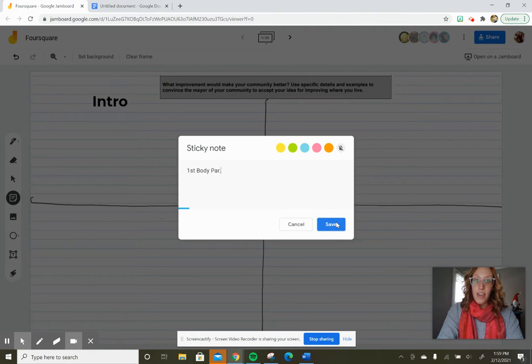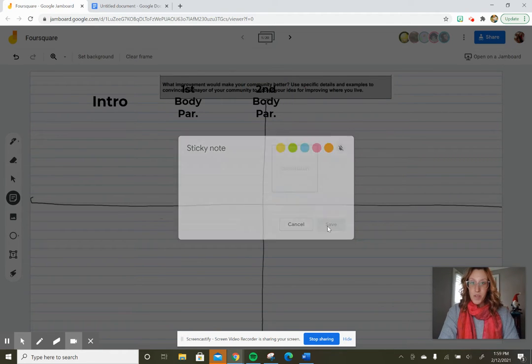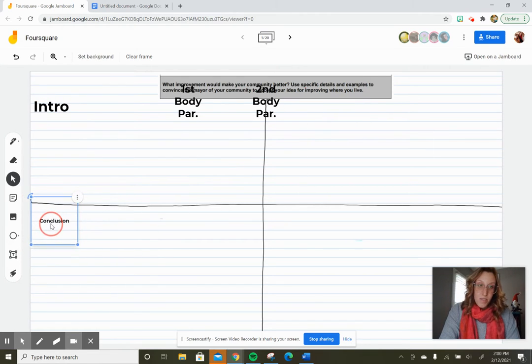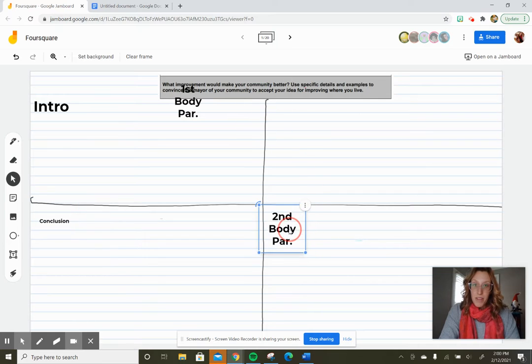We'll just abbreviate. We have our second body paragraph, and we have our conclusion. The order that you put these in doesn't matter too much. I'm going to do my intro and conclusion on the left, and my body paragraphs one underneath the other.